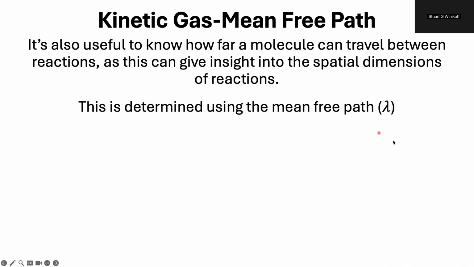So this is expressed as lambda. And this is the distance that a gas molecule can travel without hitting another gas molecule. So this can be simply given as the speed of the gas divided by the frequency of collisions. So in units, this will often be meters per second divided by per second, giving us a simple distance.